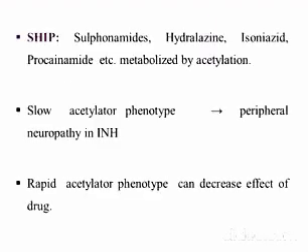For example, we can remember SHIP, the drugs like sulfonamides, hydralazine, isoniazid, as well as procainamide. These drugs get metabolized by the acetylation process itself. The metabolism of these drugs has to be done, because if the metabolism does not occur, these drugs show adverse drug reactions.